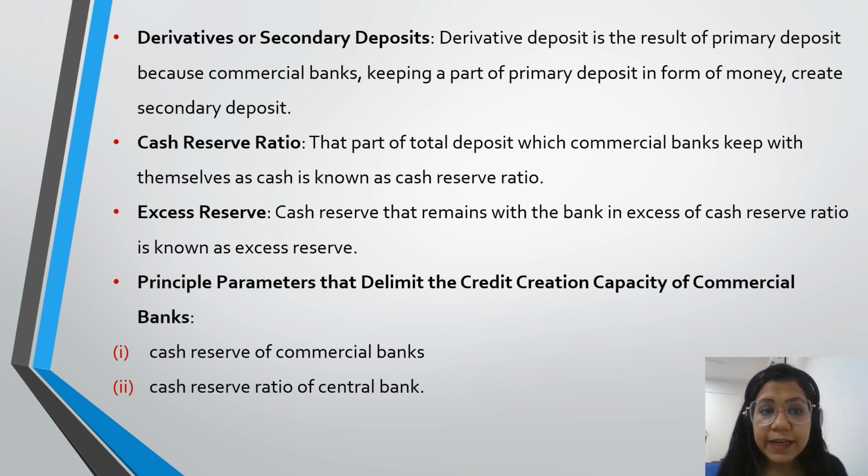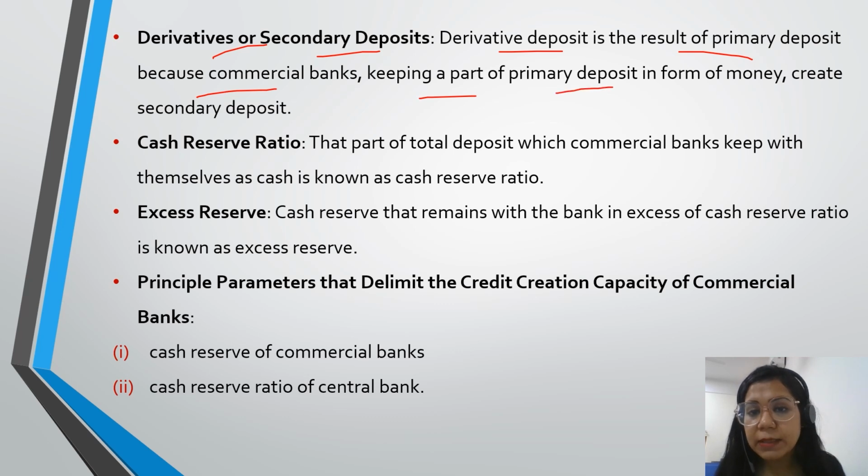So derivative or secondary deposits. See, derivative deposit is the result of primary deposit because commercial banks, keeping a part of primary deposit, which is the reserves that they keep aside in the form of money, create secondary deposit. So we had read about this.